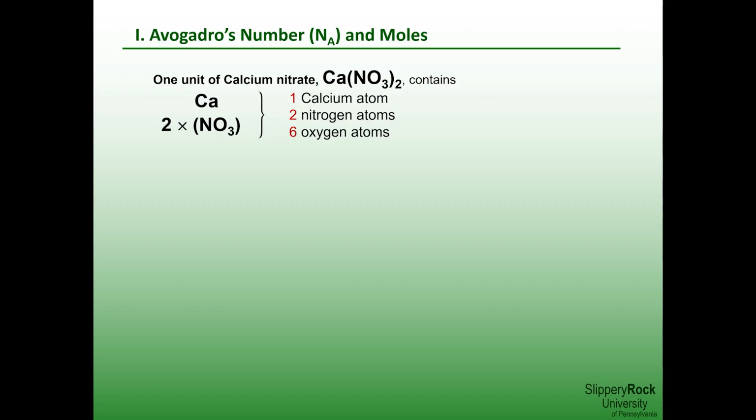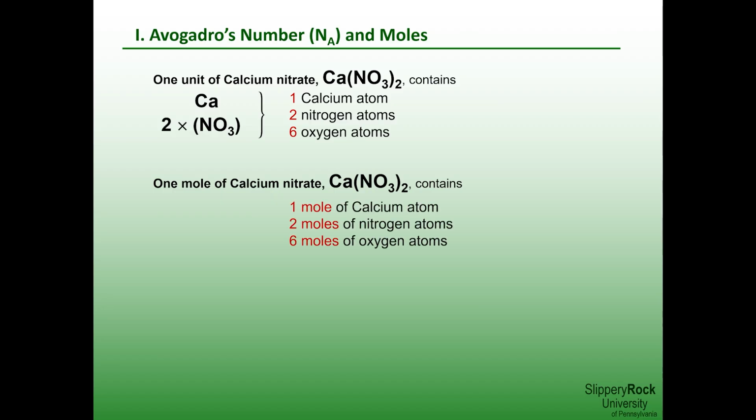If 1 unit of calcium nitrate contains 1 calcium atom, 2 nitrogen atoms, and 6 oxygen atoms, then 1 mole of calcium nitrate contains 1 mole of calcium atoms, 2 moles of nitrogen atoms, and 6 moles of oxygen atoms. This is the key idea. The subscripts in a chemical formula tell us not only the ratio of atoms in a single unit, but also the ratio of moles in a mole of the compound.